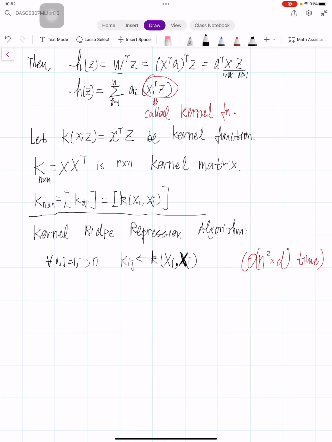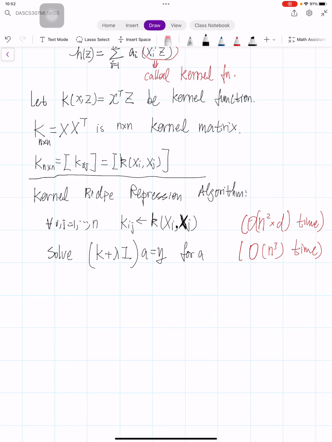Okay. And the second step is once we have the K, we solve K plus lambda times I times a equals y. We solve this for a. This takes n cubed time. Okay.